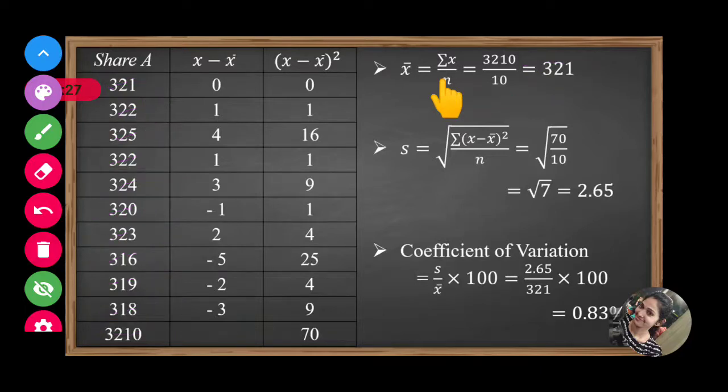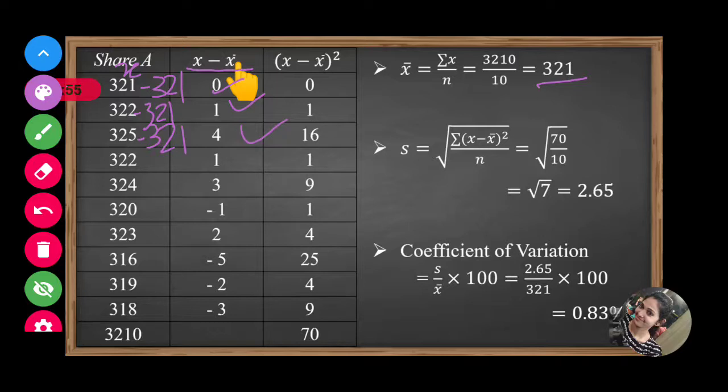Now we will find x minus x bar. This is the x column, this is the x bar column. So for x minus x bar: 321 minus 321 is 0, 322 minus 321 is 1, 325 minus 321 is 4.